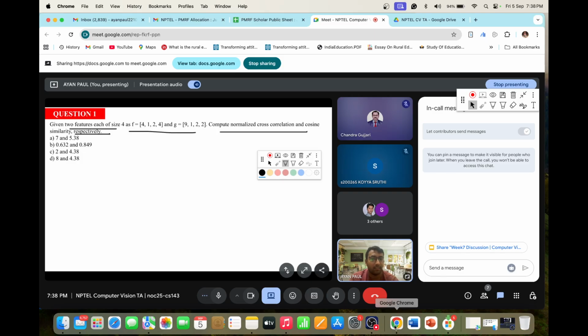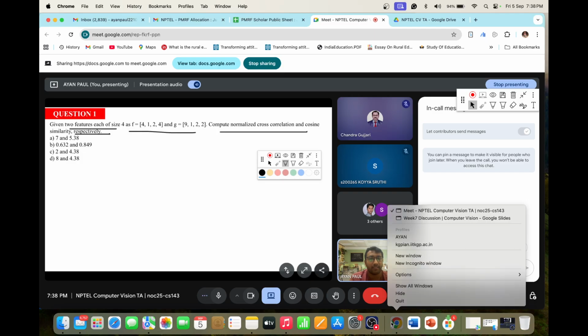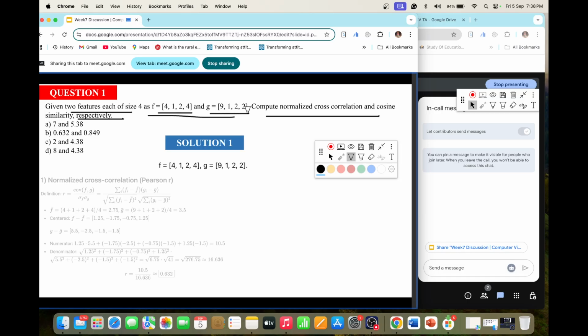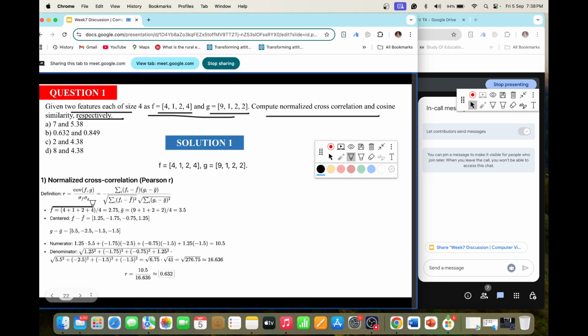Let's see. The vector of f values is given and the vector of g values is given, so we can easily solve it. This is the formula for normalized cross correlation, also known as the Pearson R coefficient. Sometimes this might be asked, so it is better to know the different names of the same concept.